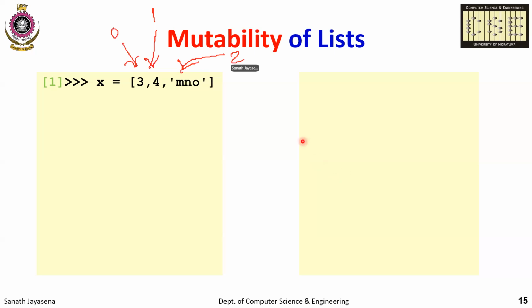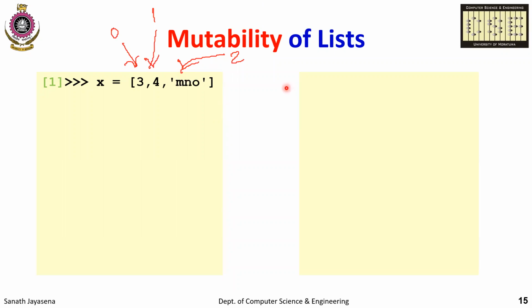In this list X, index 0 means the value 3, index 1 means value 4, index 2 means a string MNO. Now, in that string, which is at index 2 of that list, you can again index and access individual characters. I have already explained that, so don't worry about it.